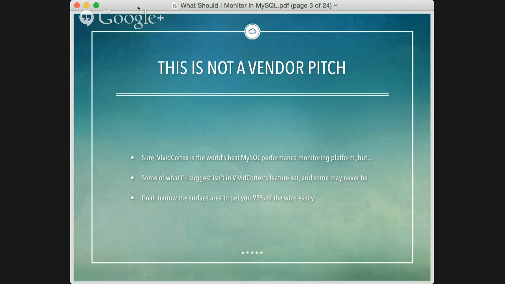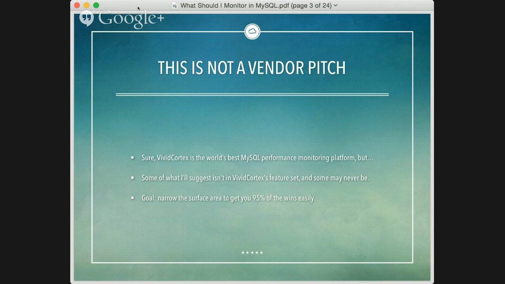What I'm really trying to do is help people who are curious about how to monitor MySQL and find it overwhelming, or actually Postgres as well, because a lot of this is database generic and applies equally well to Postgres. So if you find that topic overwhelming, what's the quick way to cut through all the fluff and all the confusion online?